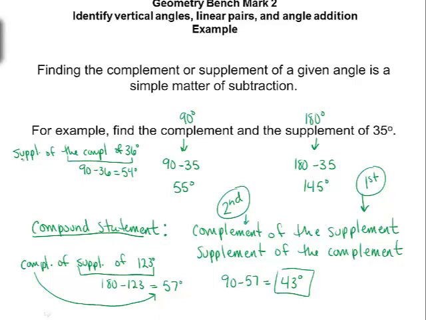Then I take the supplement of 54 because I found this answer. So I do 180 minus 54, and that is 126. So that is the answer of the supplement of the complement. So you just find the second part first.